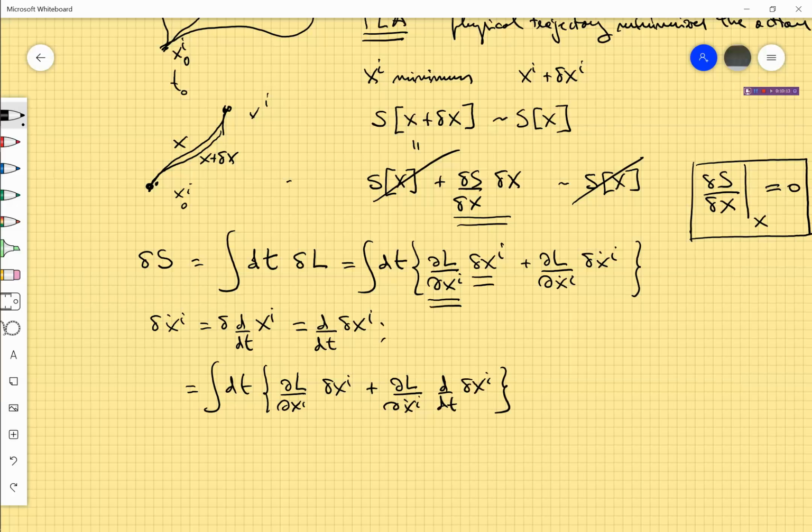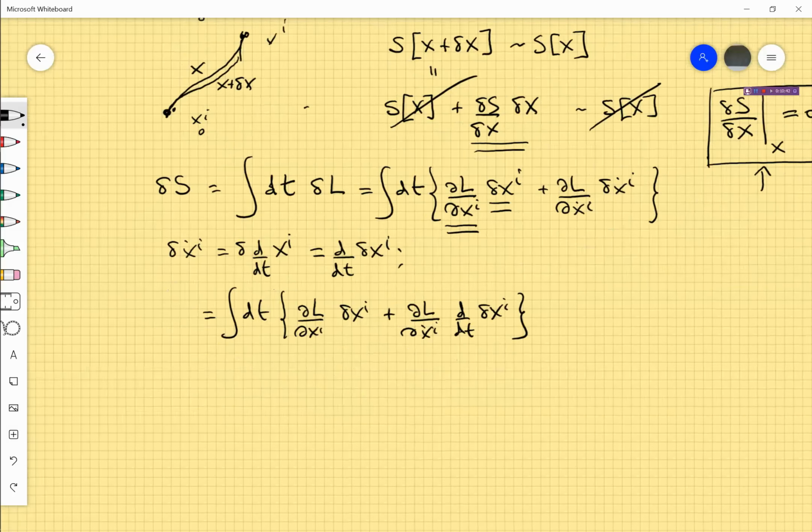I could say that this is just delta x with respect to xi, what I have to compute here. But the point is that this term, I don't know what it is. It should be something proportional to delta x in the end, plus I don't know what, we'll see. So this term could also contribute to delta S over delta x, and then I have to massage it a bit and keep computing. Okay.